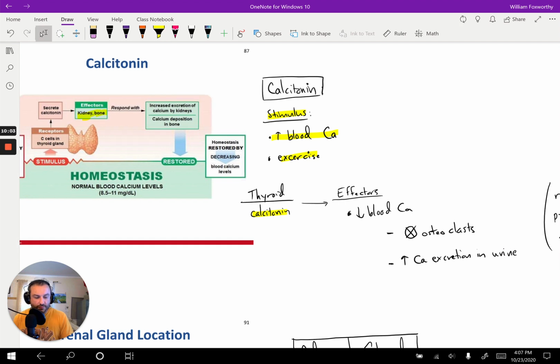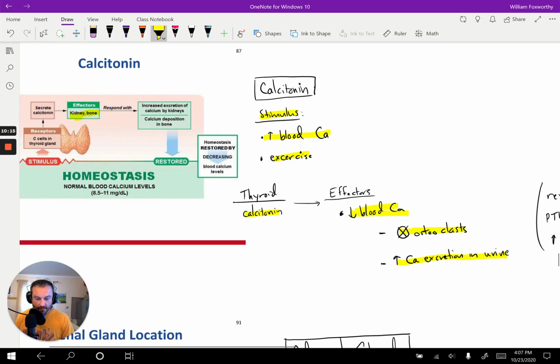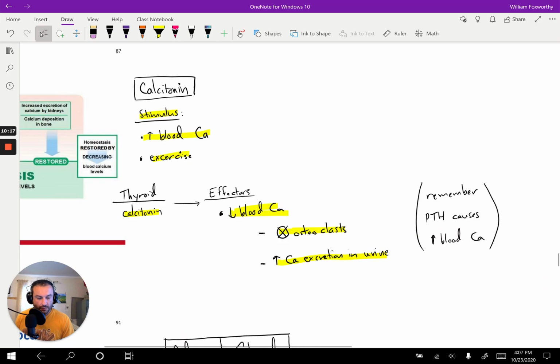Overall, it's going to reduce blood calcium by inhibiting the activity of osteoclasts and by increasing the amount of calcium that's going to be excreted in your urine. And remember, as we talked about previously, parathyroid hormone also causes an increase in blood calcium levels.